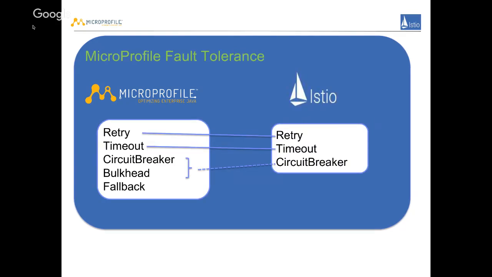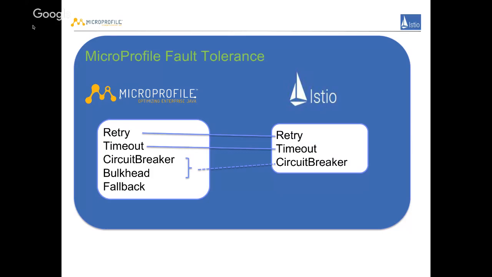For fault tolerance, as I mentioned earlier, there's a bit of overlap between Istio and MicroProfile. MicroProfile can do very fine-grained fault tolerance, and Istio can do coarse-grained fault tolerance.